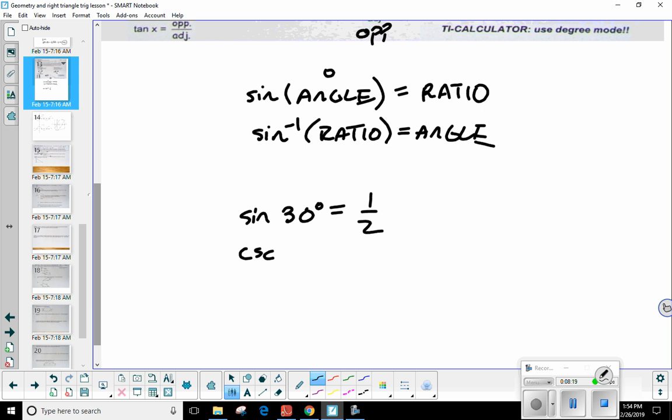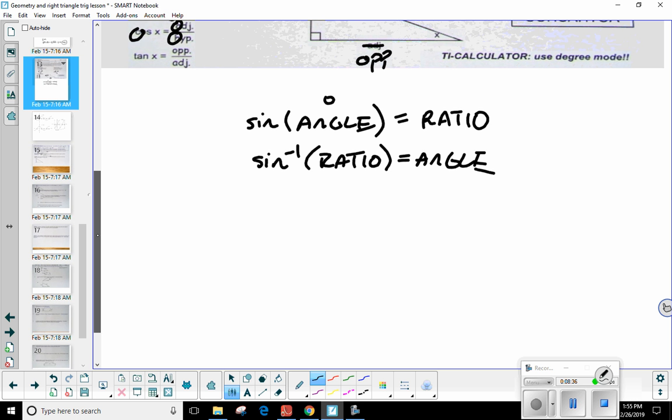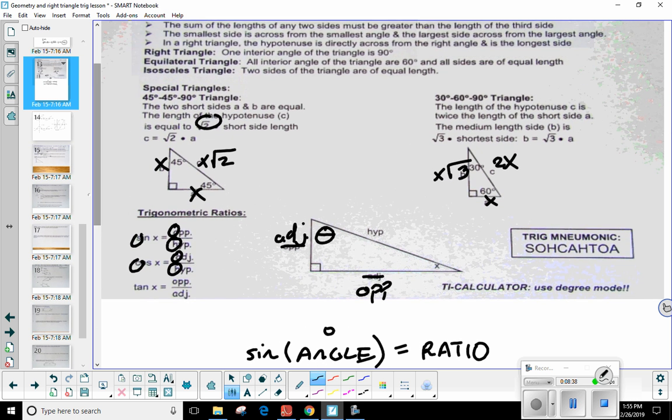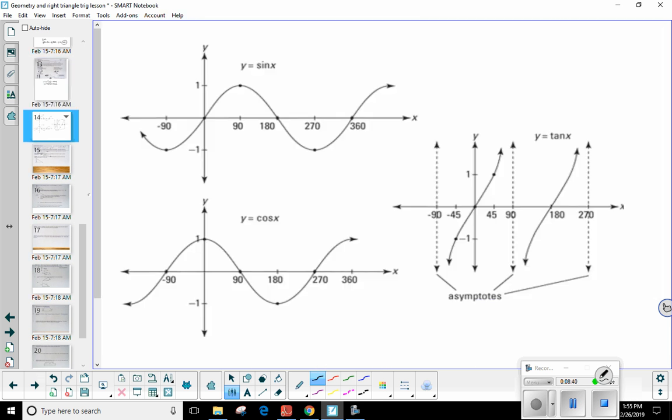So I could say cosecant of 30 degrees is equal to 2. It's the reciprocal, so I just took the reciprocal. So while sine is always opposite over hypotenuse, cosecant would be the hypotenuse over the opposite, 2/1.